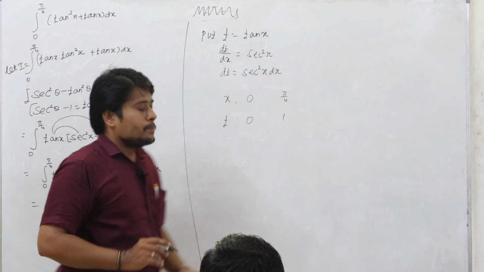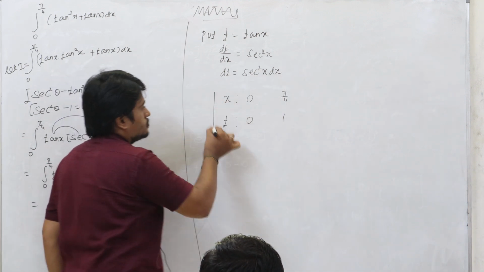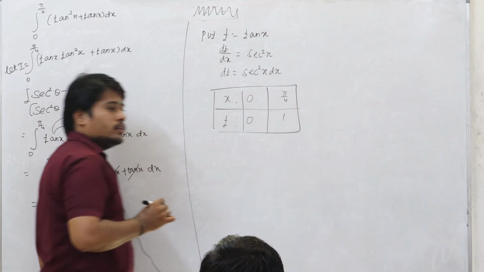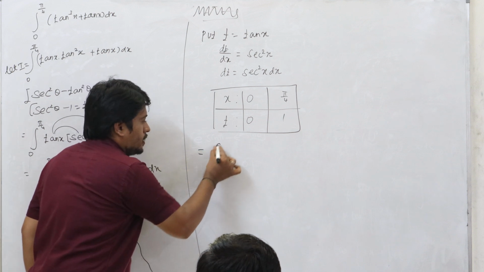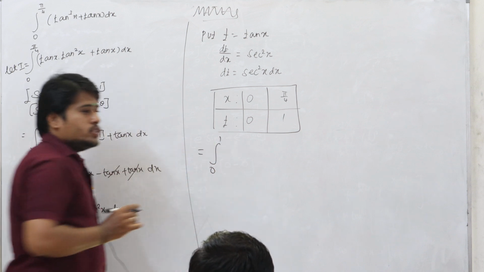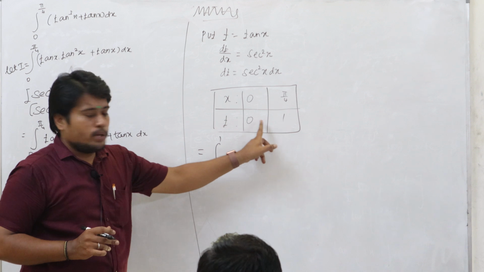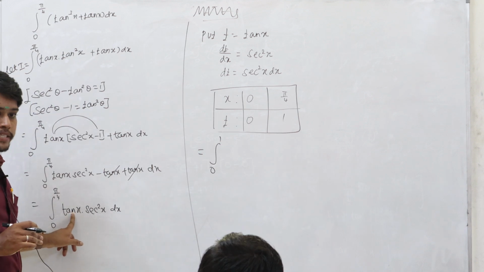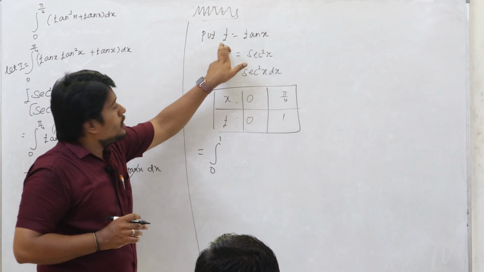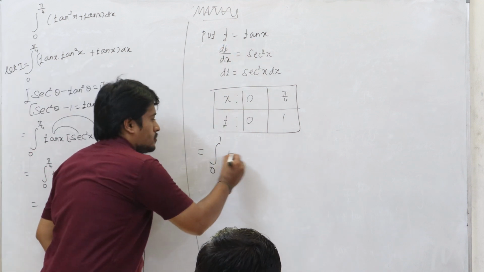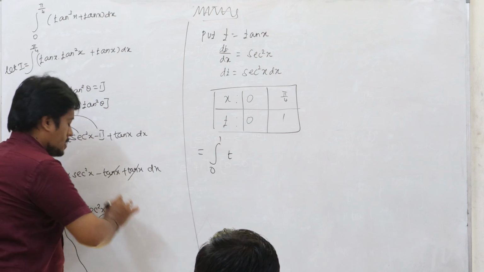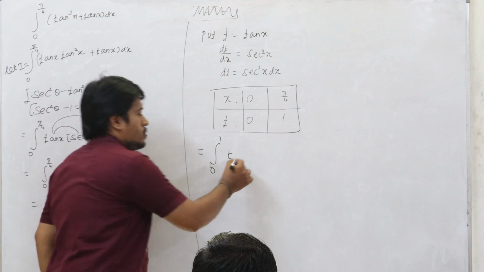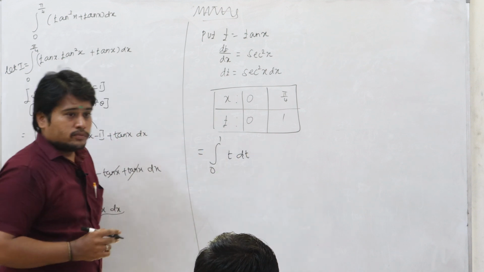So the new integral has the limit of 0 to 1. Correct? T would limit from 0 to 1. The tan x you can treat as t, and the balance secant square x into dx is dt.